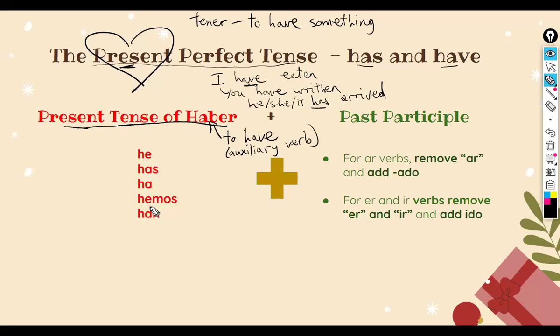He, has, ha, hemos, han. So yo he means I have. Tú has, you have. Él, ella, usted ha: he, she, it has, or you formal have.